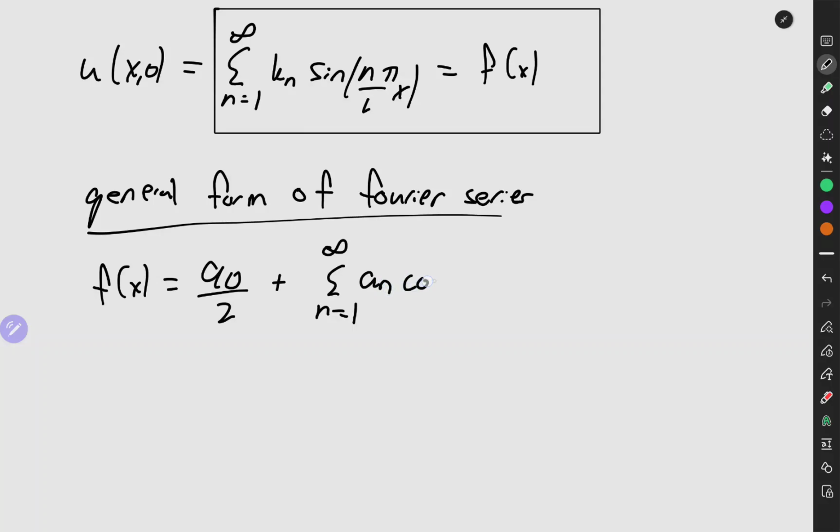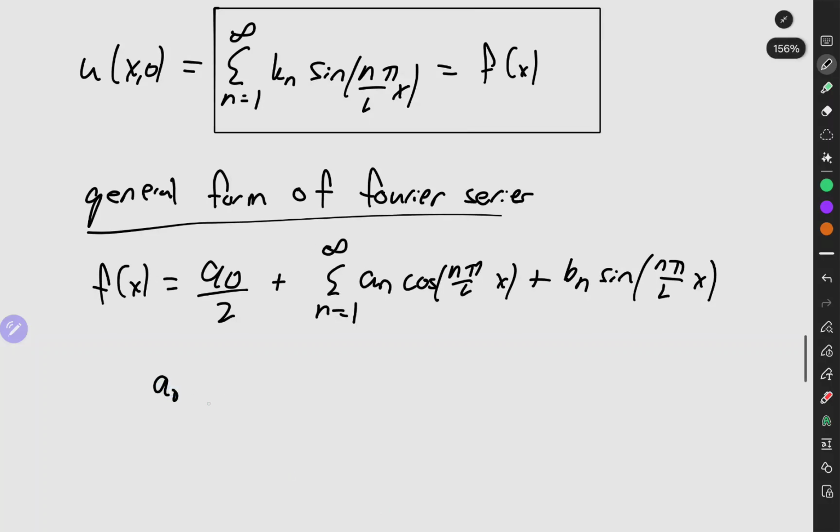We can have a cosine component, and we can also have a sine component, which is what our current one has. But this is the basic form for a Fourier series. Now from this, we can solve for these coefficients.